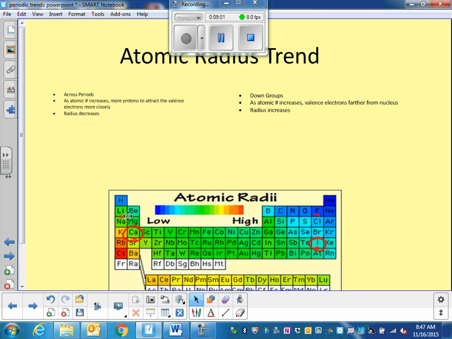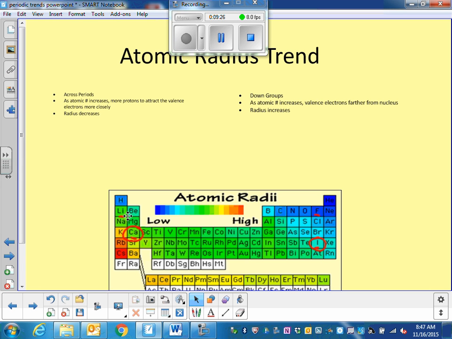But the number of protons in the nucleus increases. Hence, the force of attraction is stronger. As the force of attraction is stronger, what happens to its power to pull the electrons inside? That increases, and hence radius decreases.